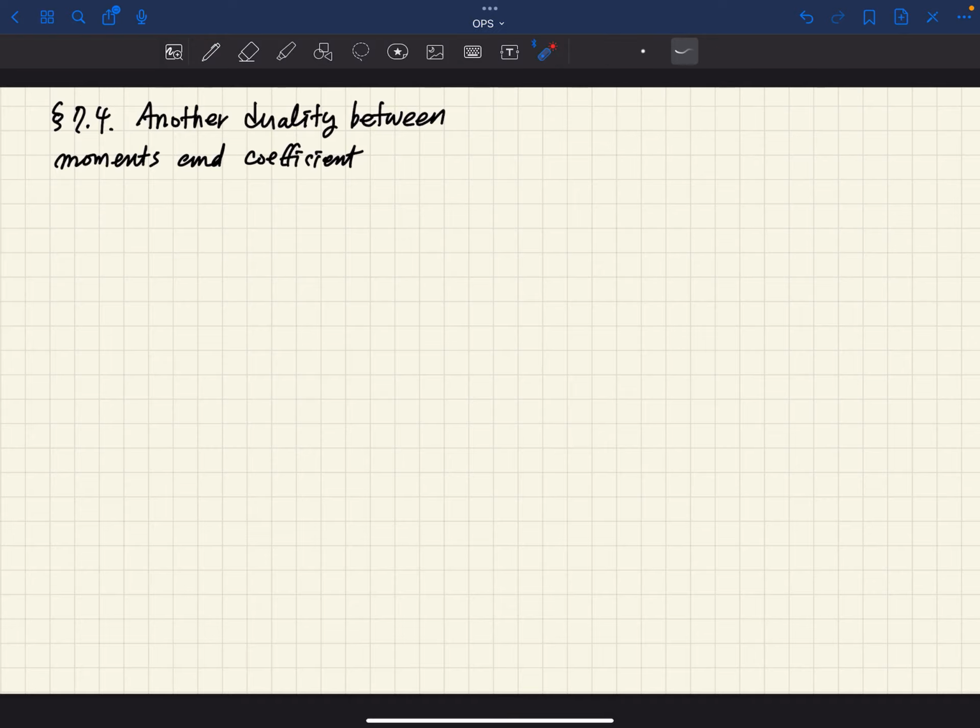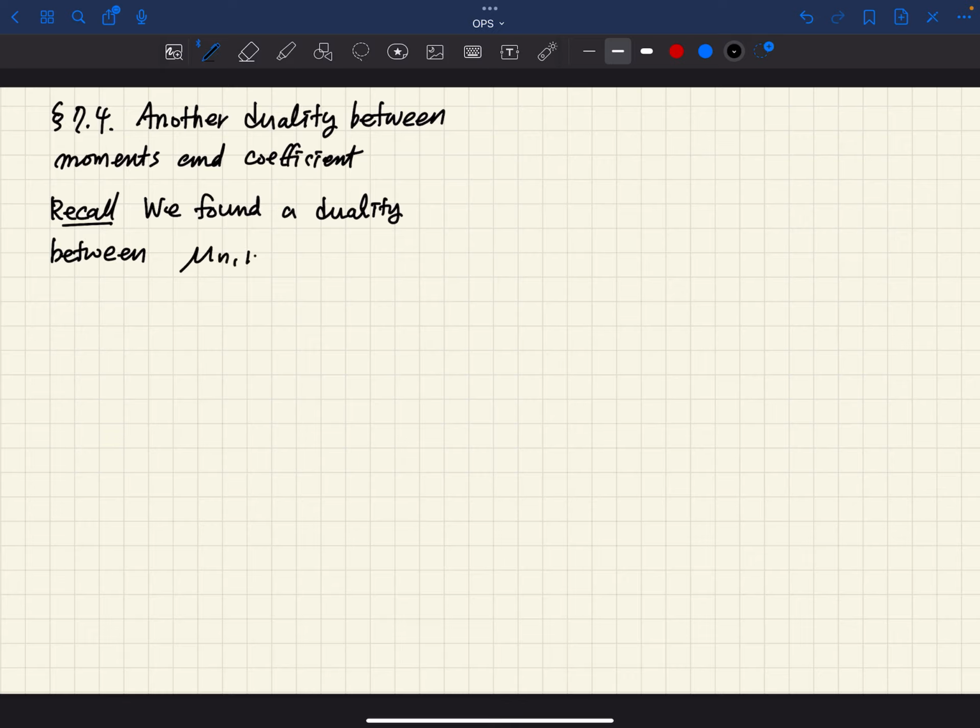Yeah, so today we're going to look at another duality between moments and coefficients. Just recall that we found a duality between mixed moments and coefficients.